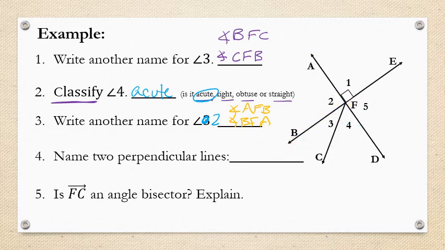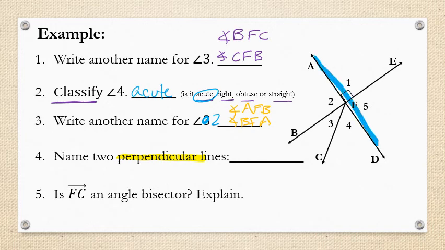So cleaning up my picture and looking at question 4, I see a super important vocabulary word: perpendicular. Perpendicular tells me that I'm looking for lines that form right angles. So I see a right angle here. I just have to think about the two lines that form that right angle.